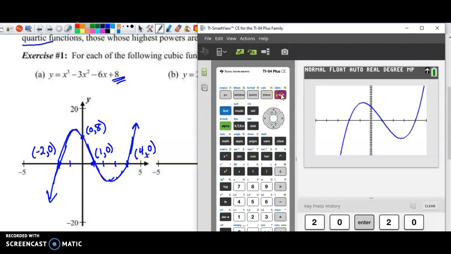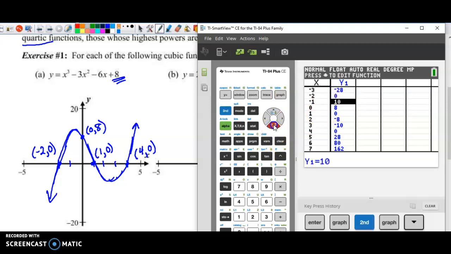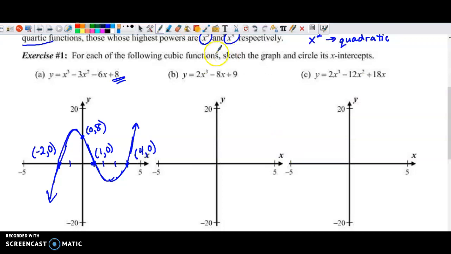If you hit second graph, we can see the table, and we can get specific points. So I point out (-2, 0), (0, 8), (1, 0), (4, 0), and go on from there. They also ask us to circle its x-intercepts there, there, and there. I'm just trying to follow the directions.